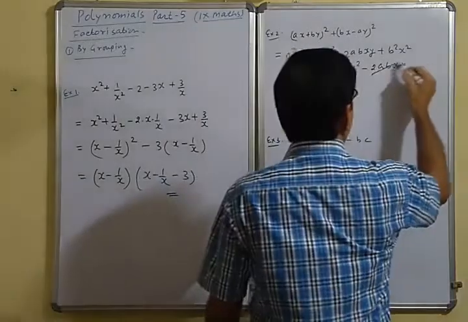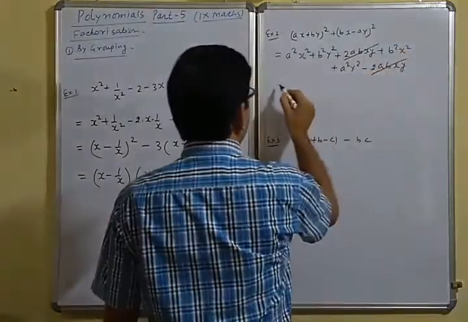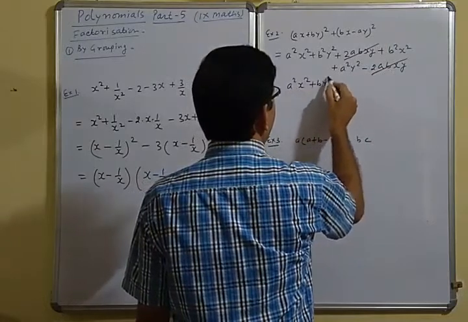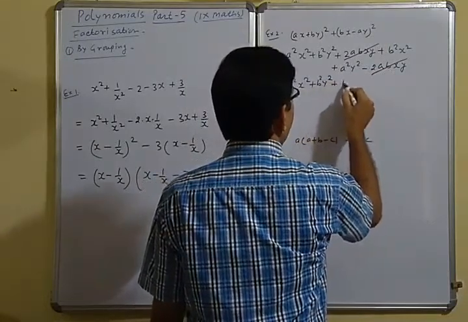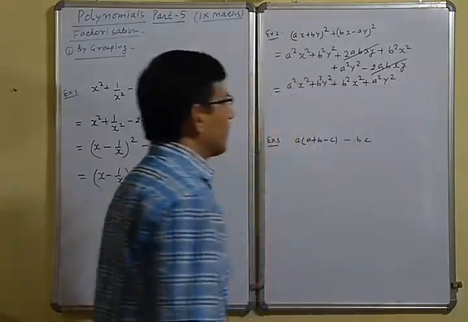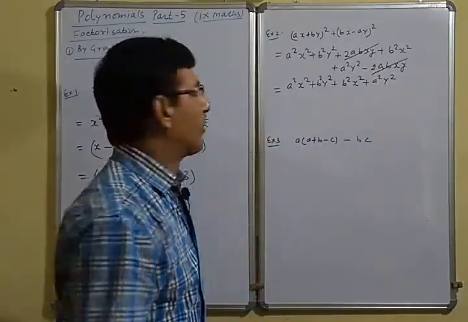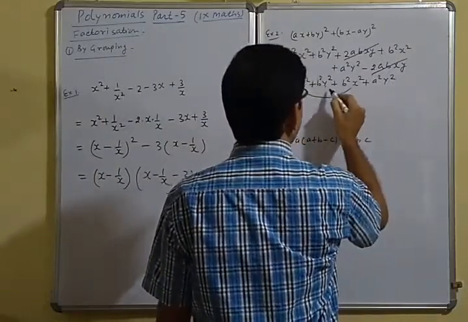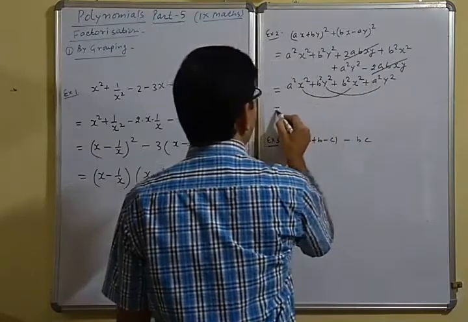Now 2abxy and 2abxy cancel out. So again this is a square x square plus b square y square plus b square x square plus a square y square. Now we have to arrange it in groups.